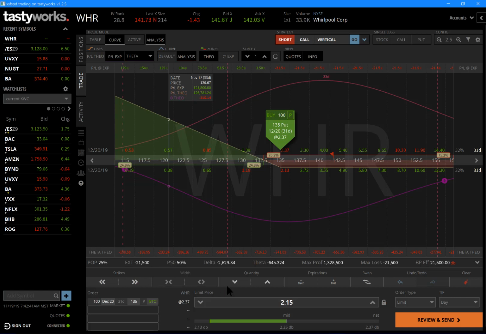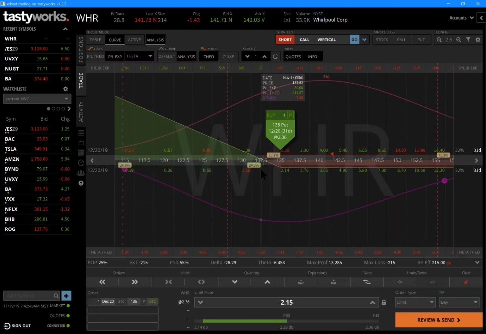I've got 100 contracts in here. Obviously, we don't want to do 100; we're going to look at doing just one contract, but the risk graph looks the same. The numbers are very similar to almost all of our speculation plays. Probability of profit on a trade like this is only about 25%.